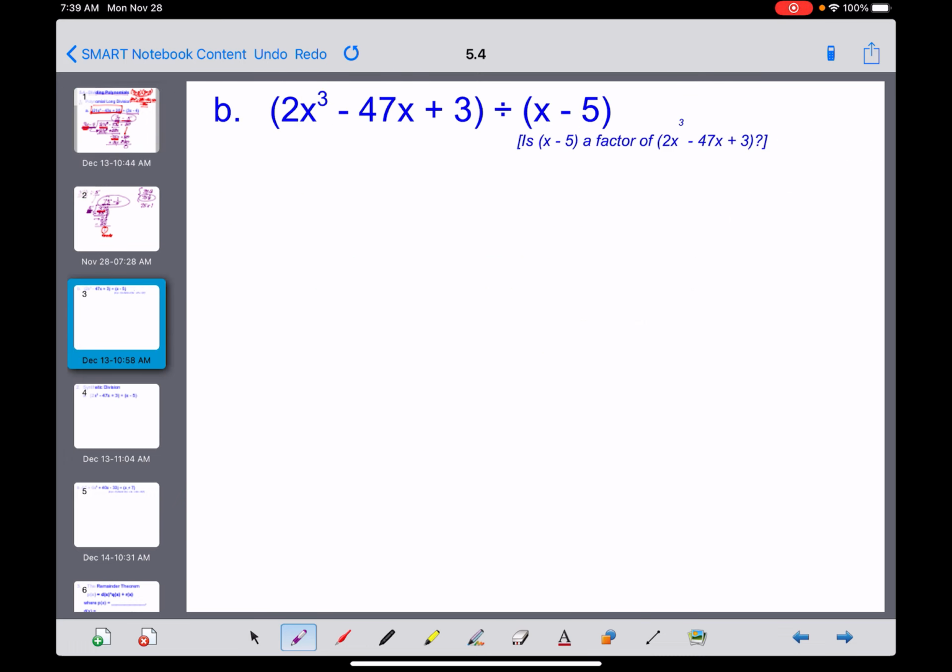2x cubed minus 47x plus 3 is being divided by x minus 5. And I just kind of gave you a little alternate wording right here. You might see a problem worded this way. Is x minus 5 a factor of 2x cubed minus 47x plus 3? What that question is basically asking is, does this division problem work out evenly?